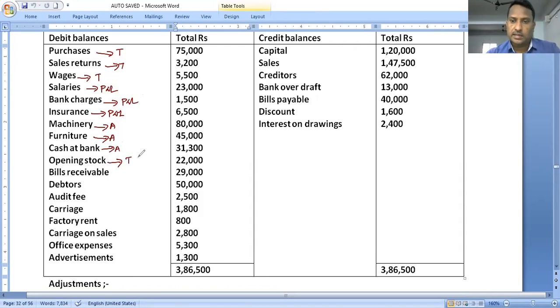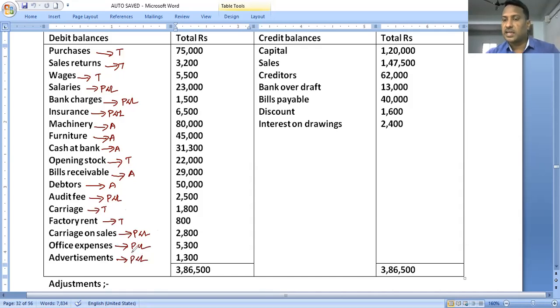Opening stock, trading account. Bills receivable, asset. Debtors, asset. Audit fee, profit and loss account; it is an indirect expense. And carriage, trading account; factory rent, trading account; carriage on sales, profit and loss account; office expenses, profit and loss account; advertisement, profit and loss account.